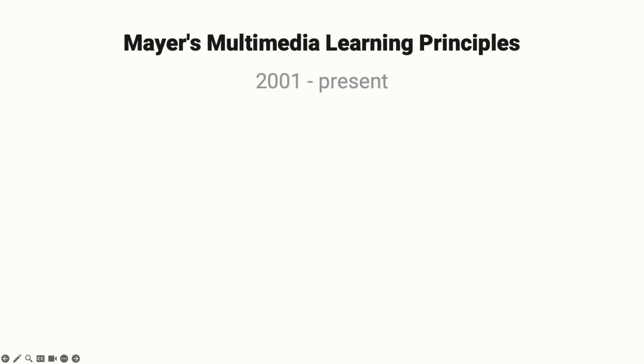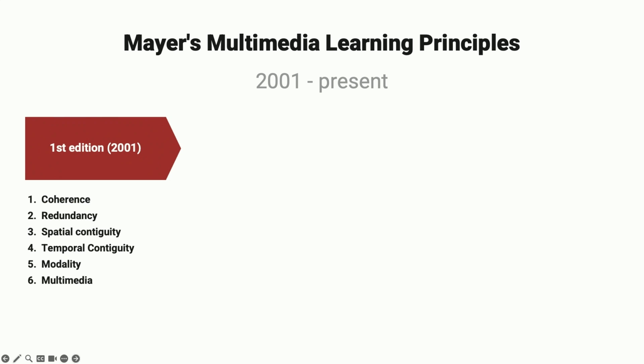And now let's delve deeper into Mayer's multimedia learning principles. I know it's a tech conference, so we will go through this part briefly. Mayer has had three versions now. The very first version came out in 2001, when I was in graduate school, and it dealt with the most essential parts like coherence, redundancy, spatial, and temporal.